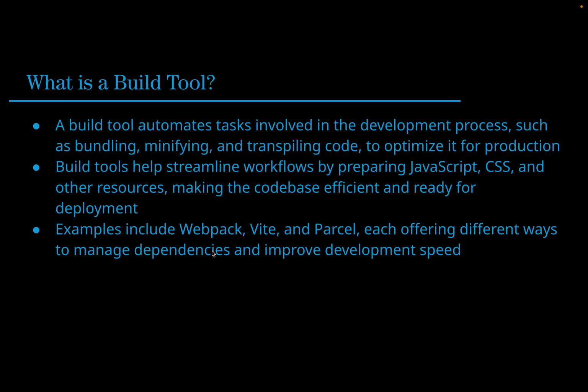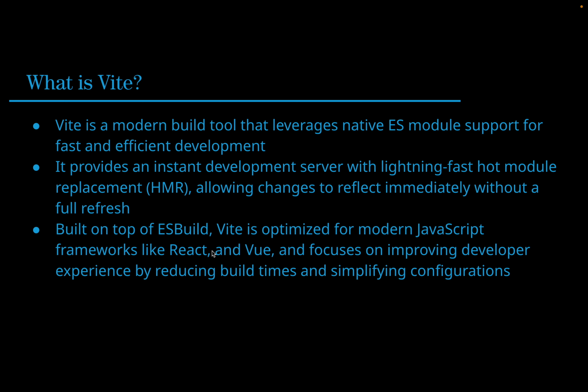Examples include Webpack, Vite, and Parcel. Vite is not the most popular one, but it's definitely the most modern one. It's the way to go if you're building web applications today. It has a lot of other features, but we don't have time to talk about that. We'll use it to build our React app.